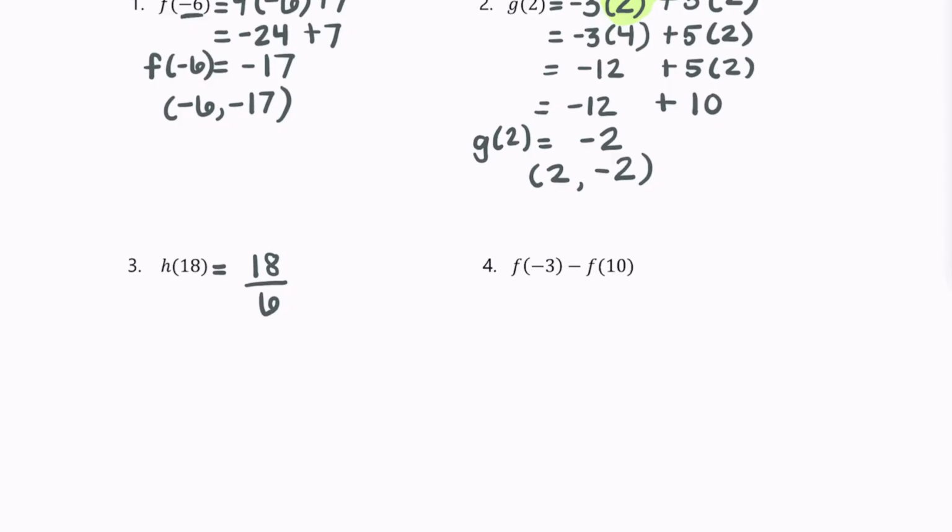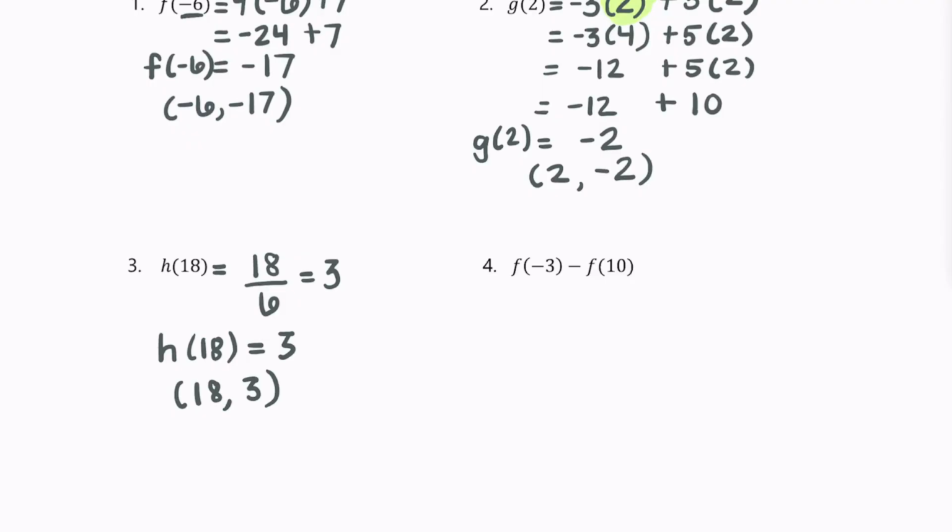Really simple, one step there. That's going to leave us with 3. So h of 18 is equal to +3. What that says is that our input is 18. When you plug 18 into our h of x function, our output, our y value, is +3.